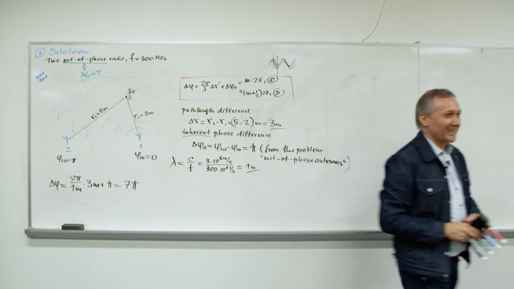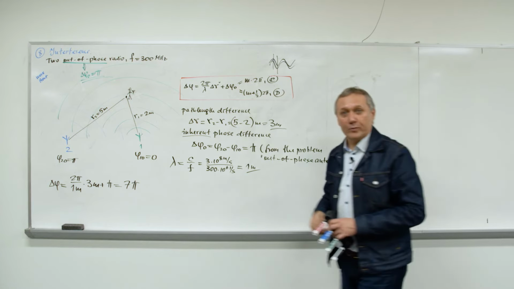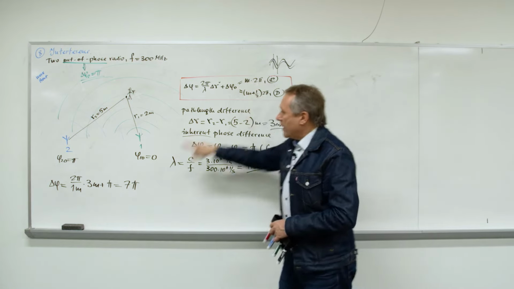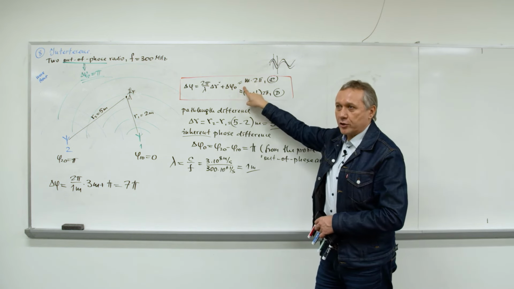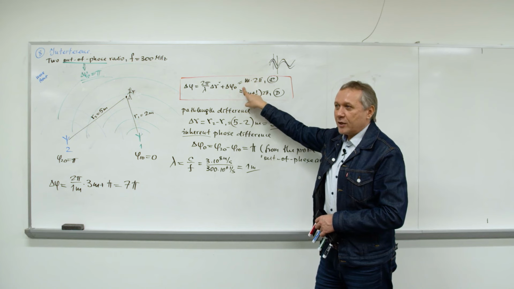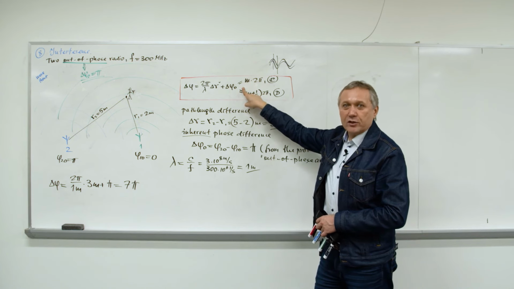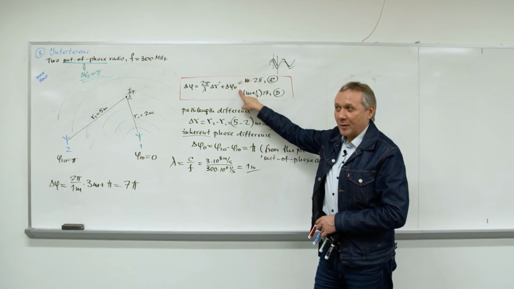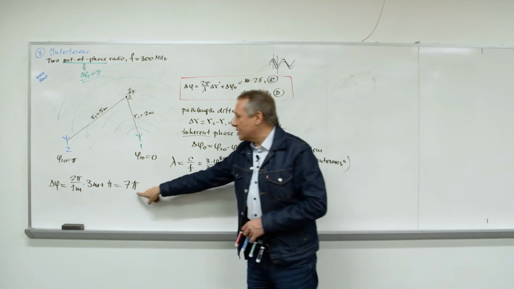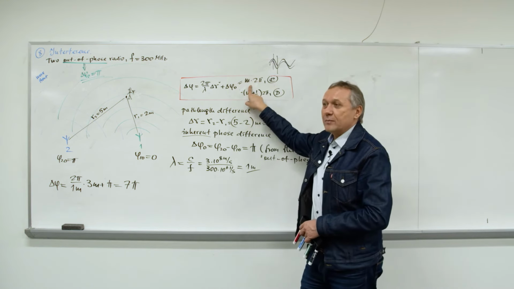But it's a wrong option because, look, we have an odd number of pi's, but here we have what? 2 times an integer. You can multiply any integer by 2 and you're going to get an even number. You will never get an odd number. So it means that this condition is impossible.